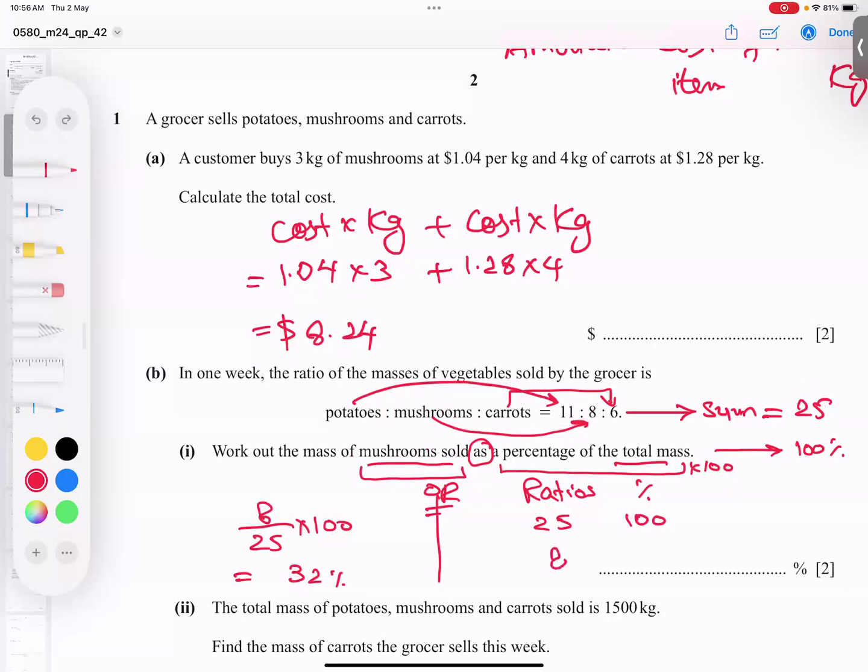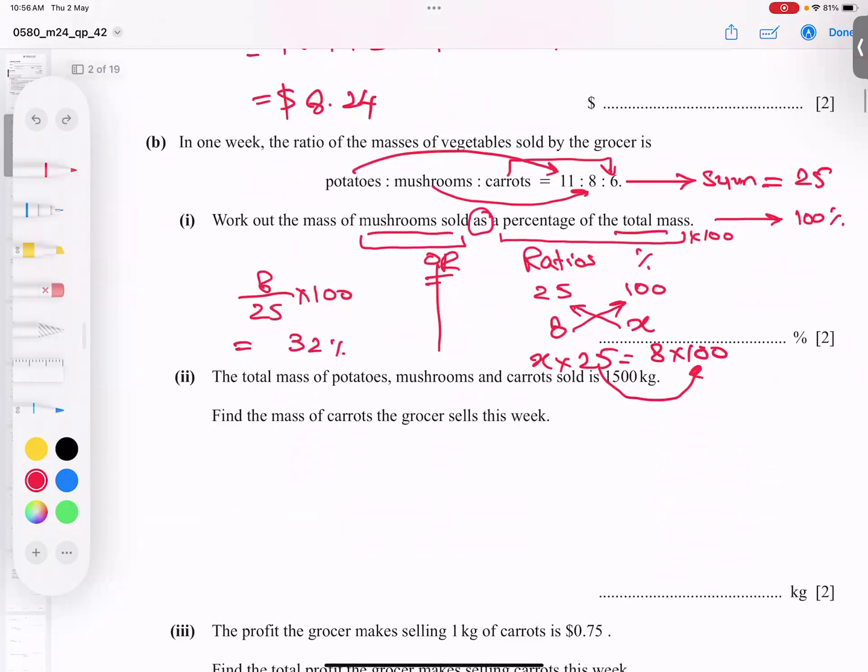I put 8 here and a question mark here. Cross multiply: X times 25 equals 8 times 100. Now 25 will divide, and you get the same format as we got here. I believe you understood both ways. The idea is clear. Let's go for the next part.